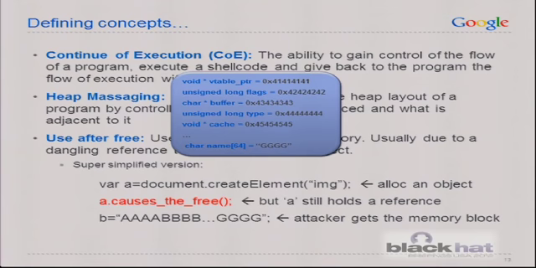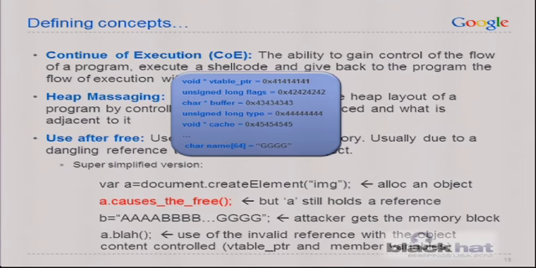So in this case, the attacker allocated a string. Probably it's not going to allocate one string, it's going to allocate thousands of strings because they want to reliably get this object. And later on, it's going to exercise some functionality in JavaScript that will use that reference.